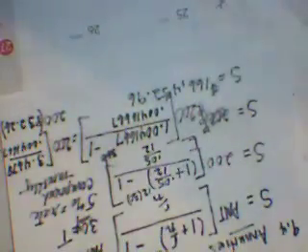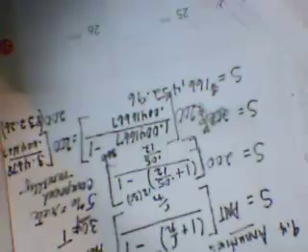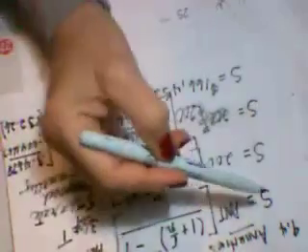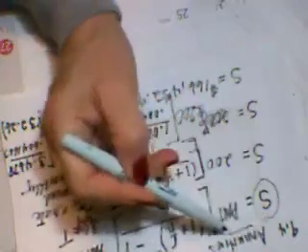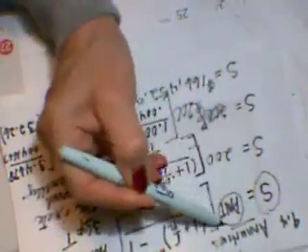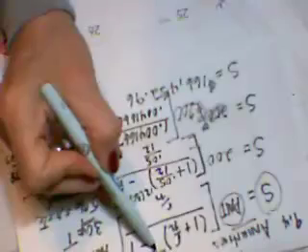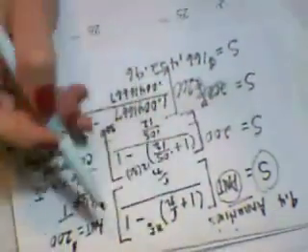Now, the problems where it becomes a little bit more complicated is if you're looking for the amount of time that you would have to keep the money in an account in order to have a certain amount of money. So if I know how much money I want, I know what my payment's going to be, and how long is that going to have to be in there in order to get that amount.